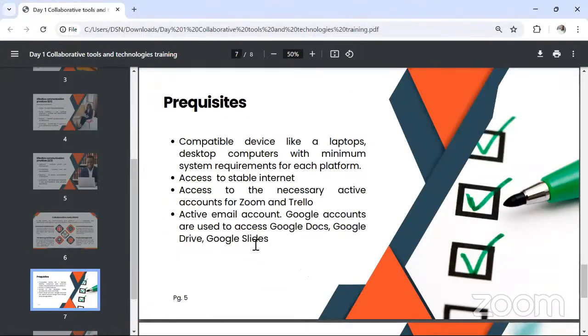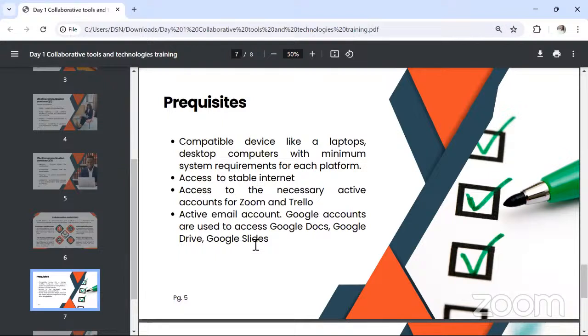Now, we shared a document. I think Angel shared with you a certain document. And in that document, it had the prerequisites, the things that we need before we start tomorrow's class.